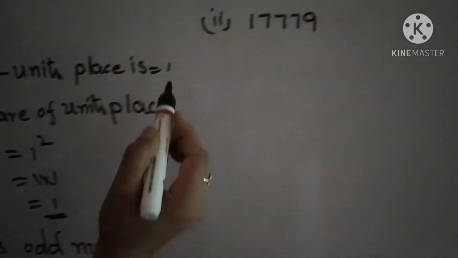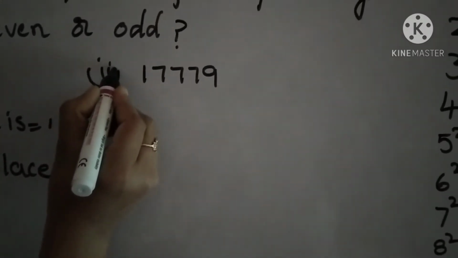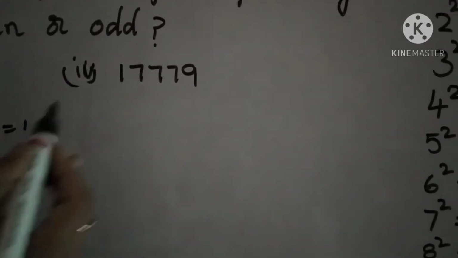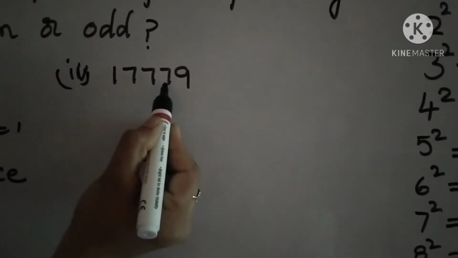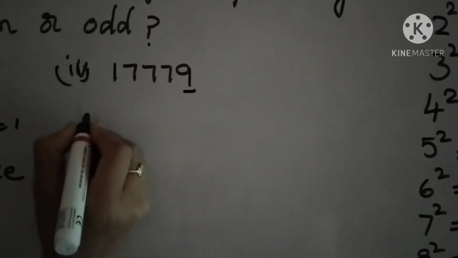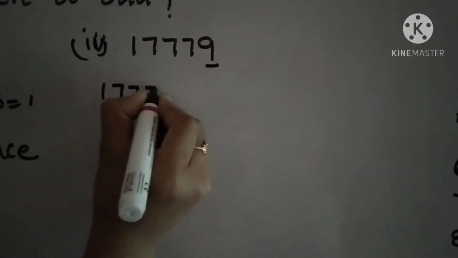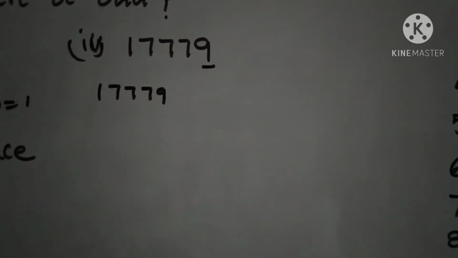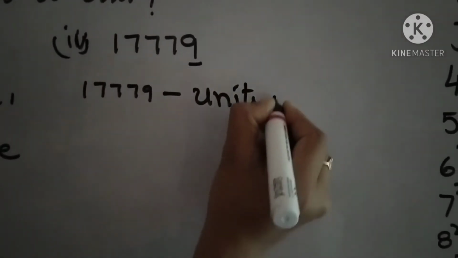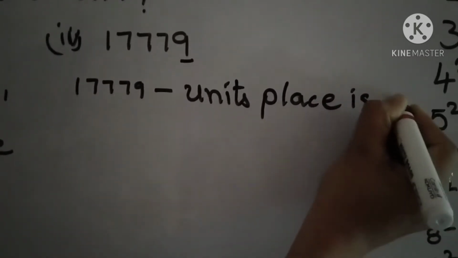Okay children. Next, the fourth problem, 17,779. The units place is 9.